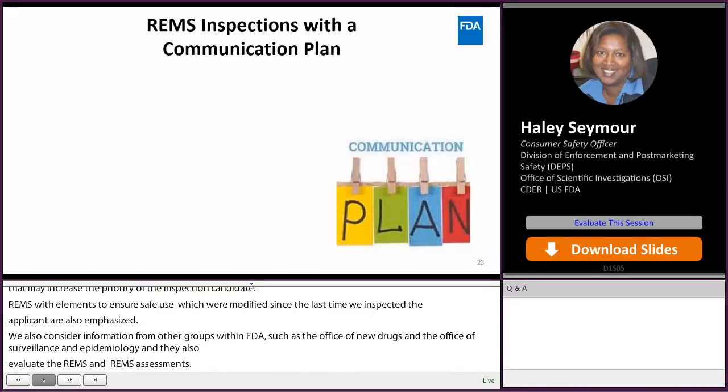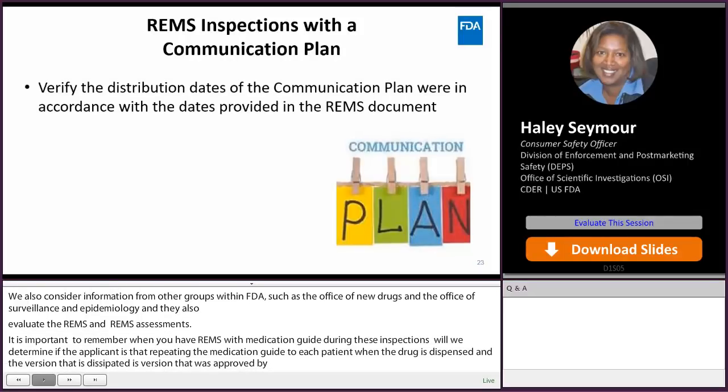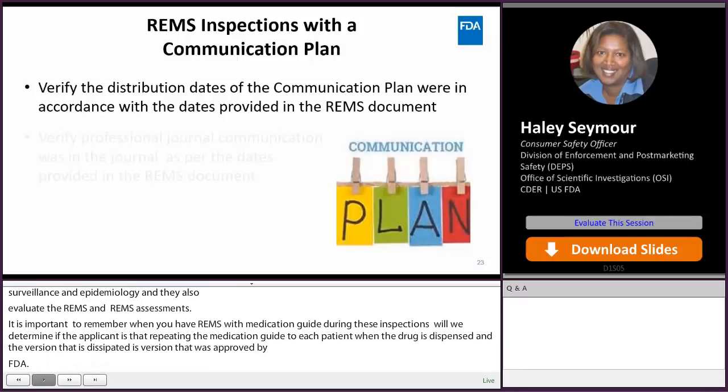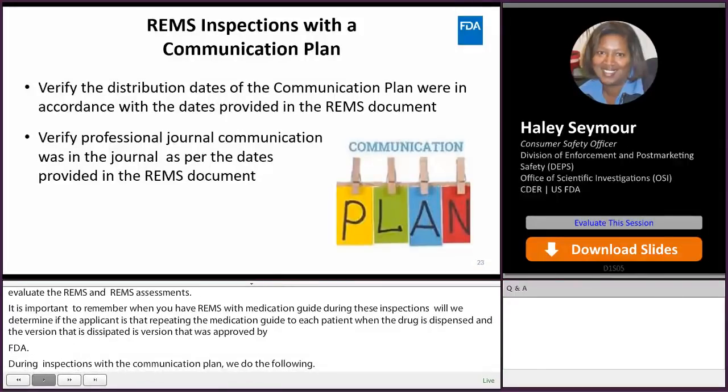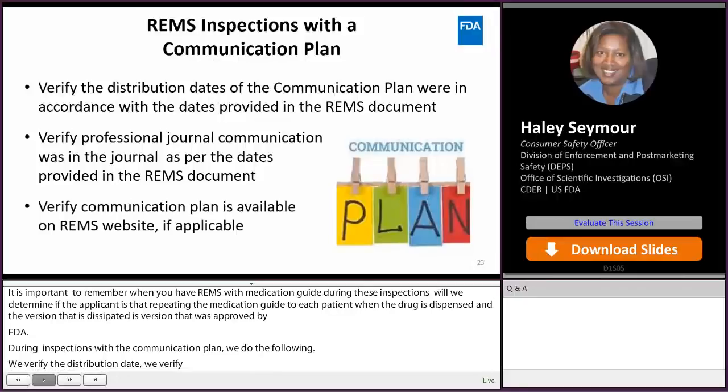During inspections with the communication plan, we do the following. We verify the distribution dates. We verify the professional journal communication was in the journal as per the dates provided in the REMS inspection memo. And then we verify that the communication plan is available on the REMS website if that is applicable.